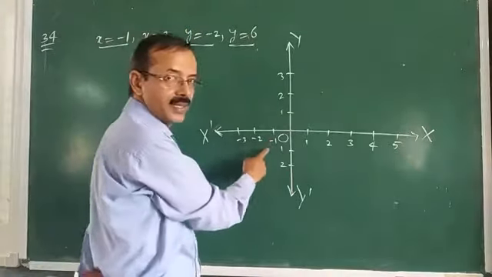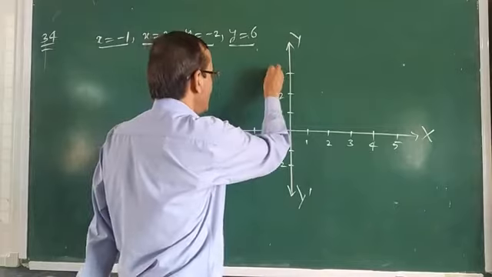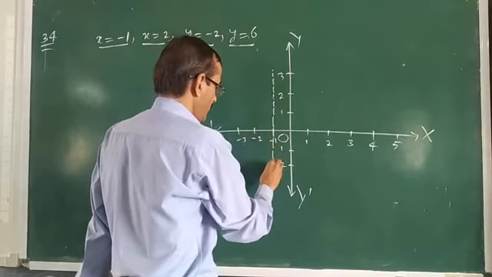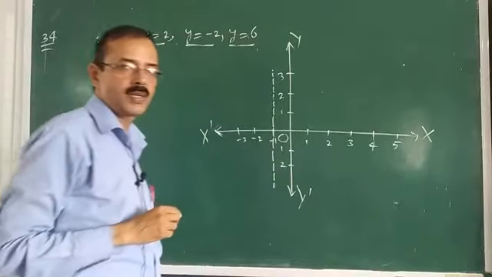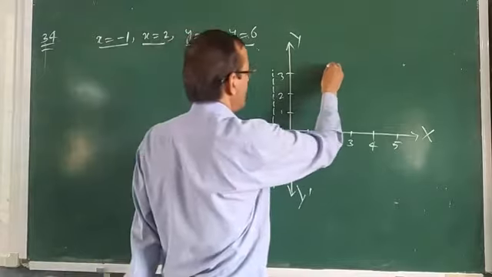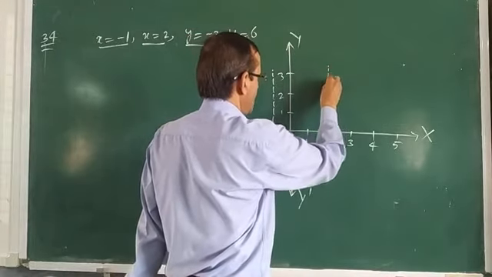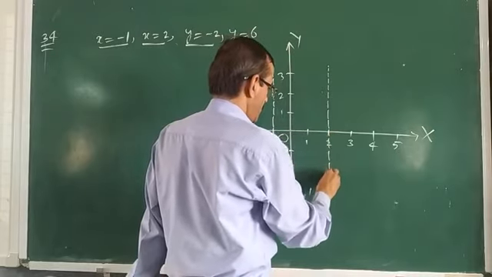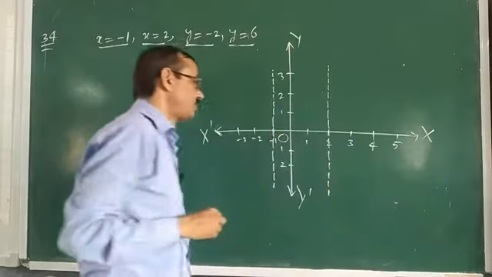Minus 1 here. So draw a line from minus 1. Right? x is equal to 2. Where is it? Here. So draw a line parallel to the y-axis passing through the point (2, 0).